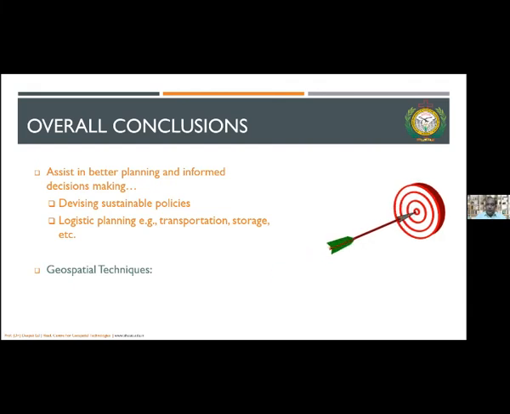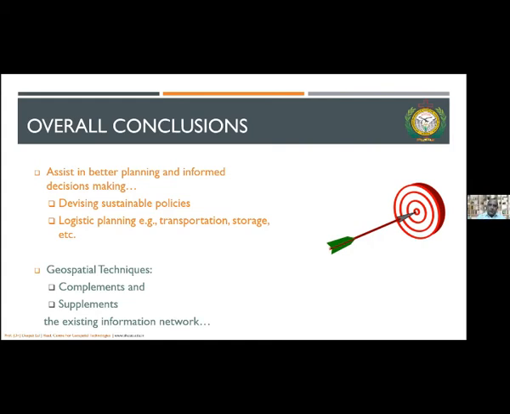But we have to remember one important thing: geospatial technologies complement and supplement the existing information network. We are not replacing the existing ground-based or any information network. We are just complementing and supplementing it.